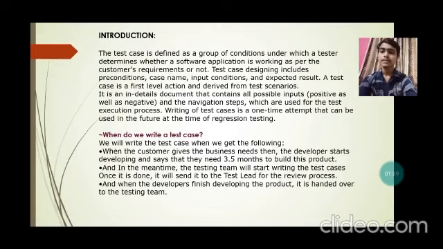When it is done, it will be sent to the test lead for the review process, and when the developers finish developing their product, it is handed over to the testing team.